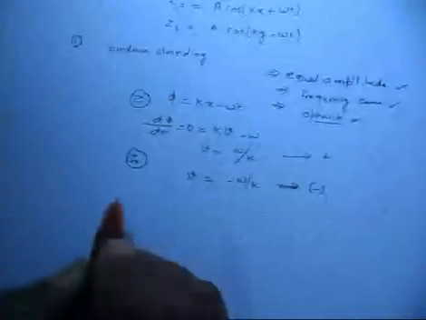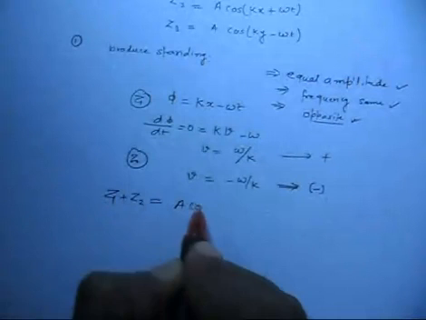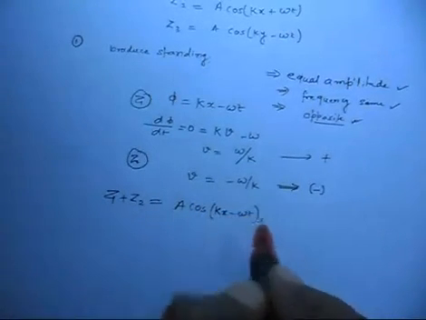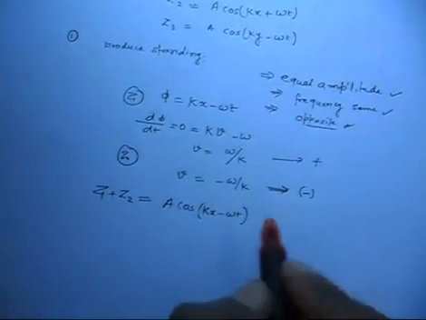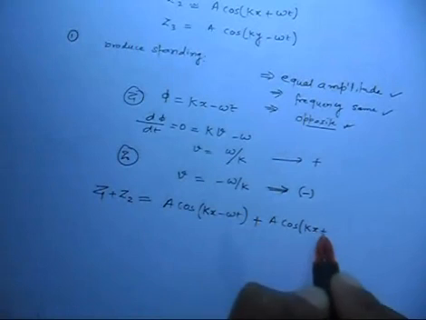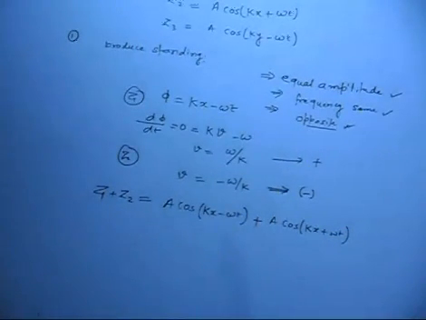So if I combine Z1 plus Z2, this will become a cos kx minus omega t plus a cos kx plus omega t. Sometimes people write omega t minus kx, it is the notation depending upon the book, because cos theta equals cos of minus theta.